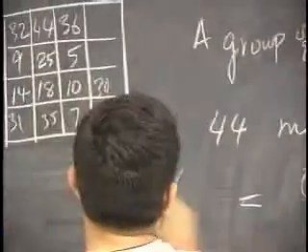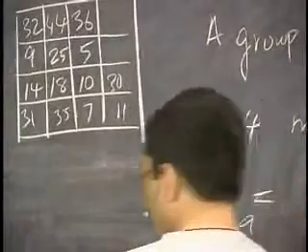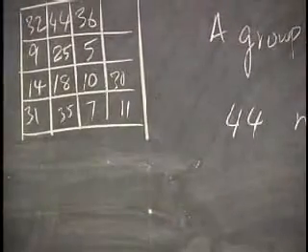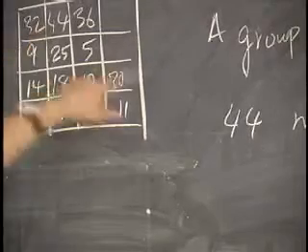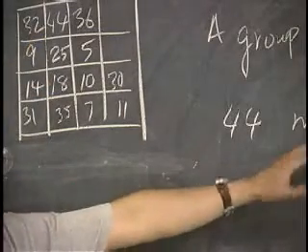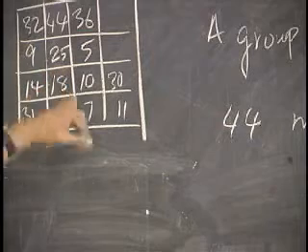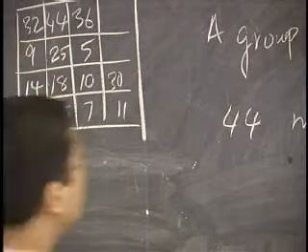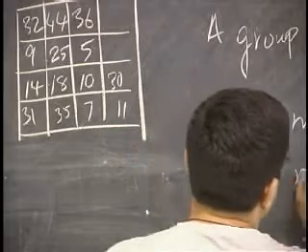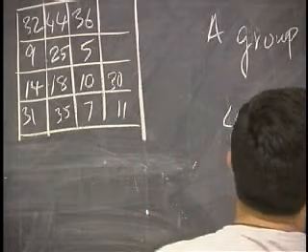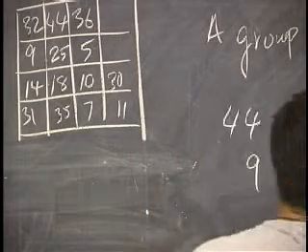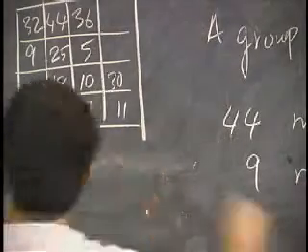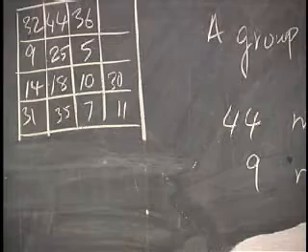So 9 mod 4 would be equal to 1 because 4 times 2 is 8, and this will be mapped as 01.